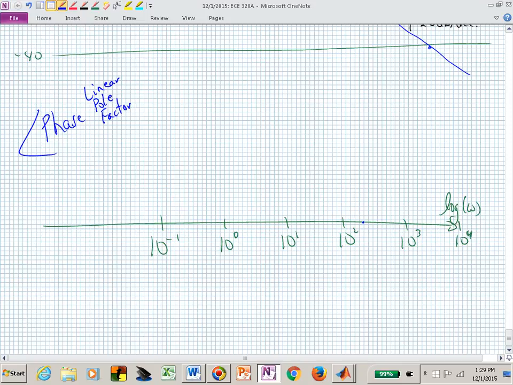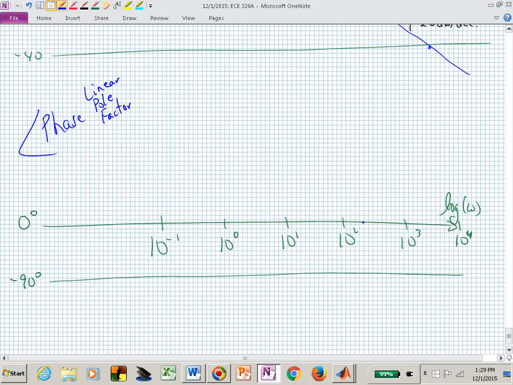And this is a pole factor. Minus 90. So if this is now 0 degrees and this is minus 90 degrees, where will we end up, or when did we agree that we will be at minus 90 for that point all the way forward in frequency?